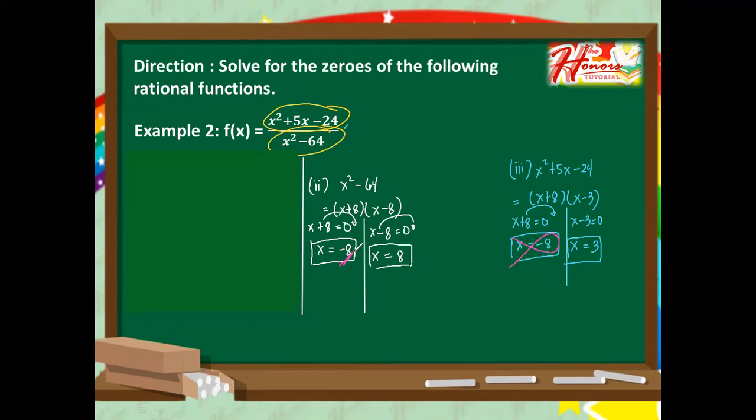That's the meaning of that. For 3, we can use it because it is not in our restriction. So therefore, we can say that the zeros of f of x is x equals 3. So this is the final answer already for the zeros of the rational functions.